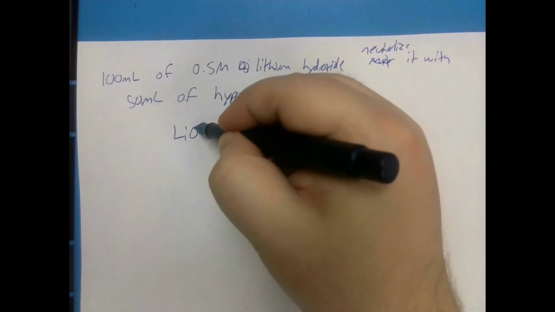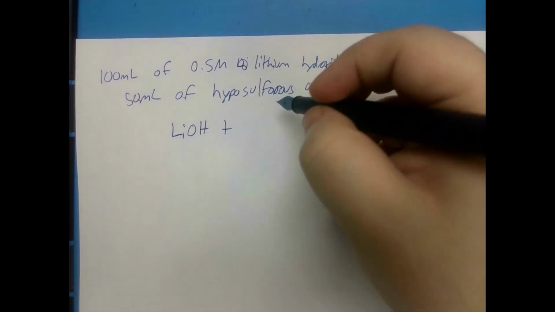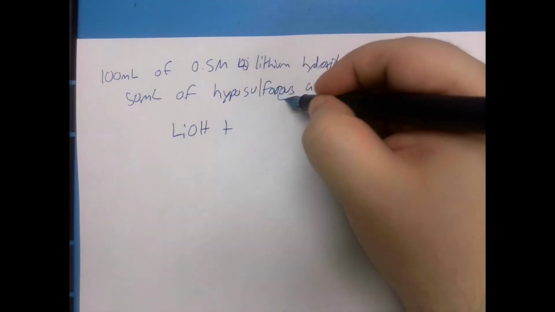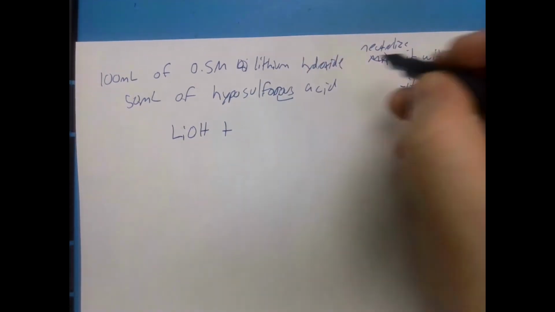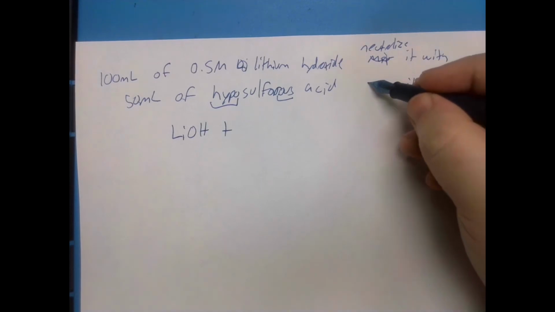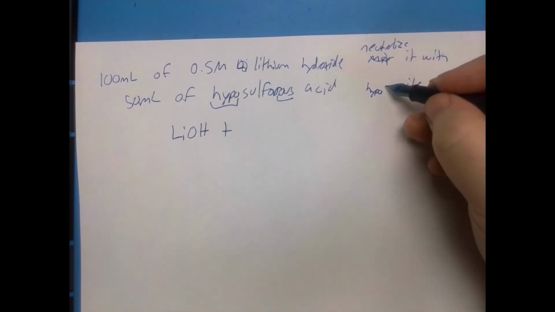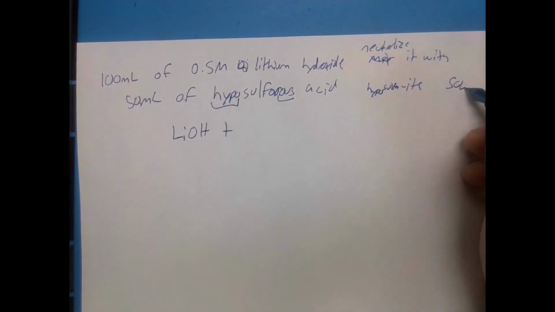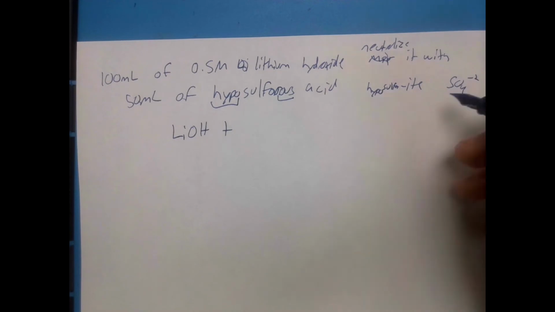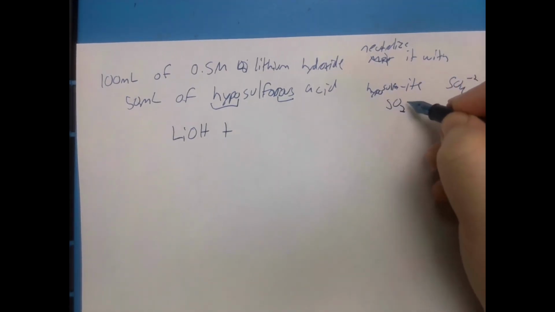We have LiOH reacting with, well, OUS is ite. Hypo is hypo, so this is hyposulfite. SO4 negative 2 is sulfate, or I mean, this is hyposulfite. So ite and a hypo means remove 2 oxygen, so that's SO2 negative 2.